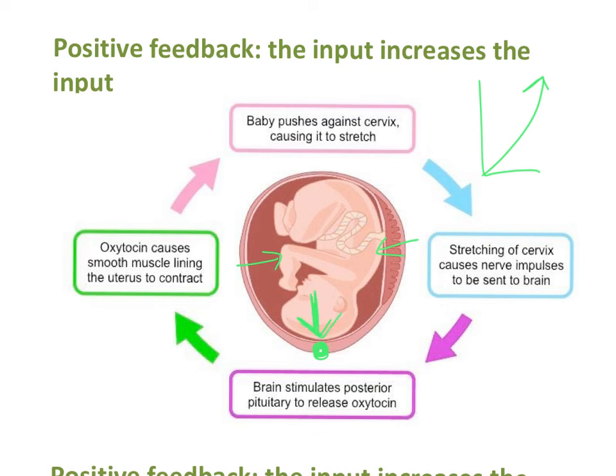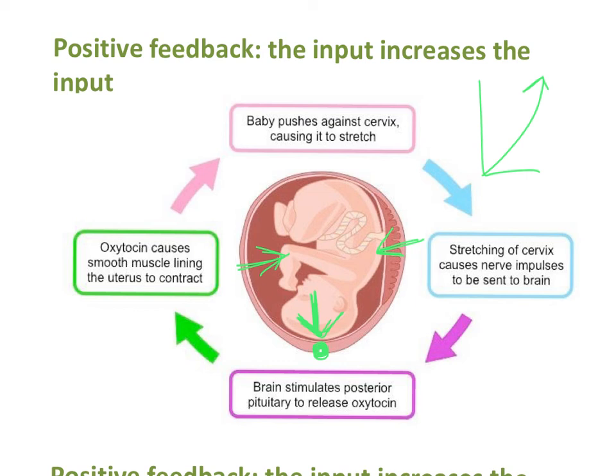There's nerve endings in the cervix that communicate to part of the brain that then communicates back to the uterus to squish again. And when the uterus contracts again, the baby's head pushes again on the cervix.